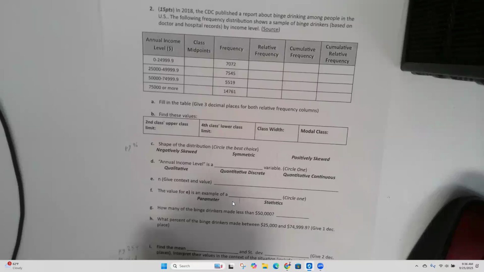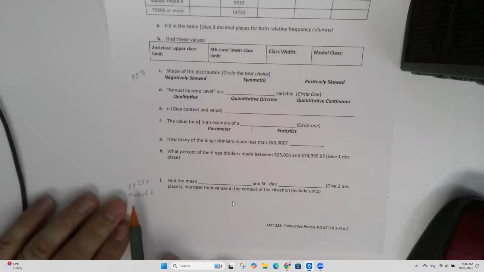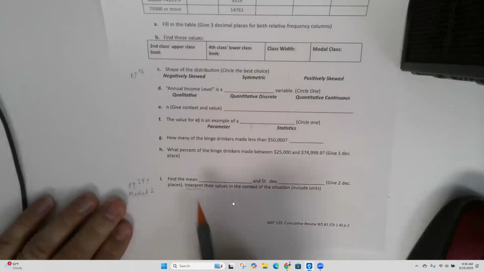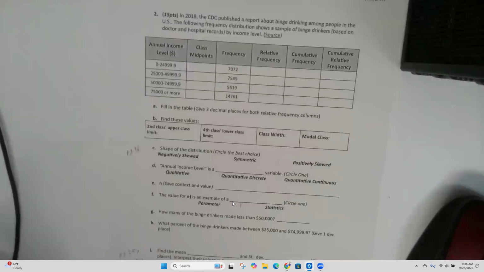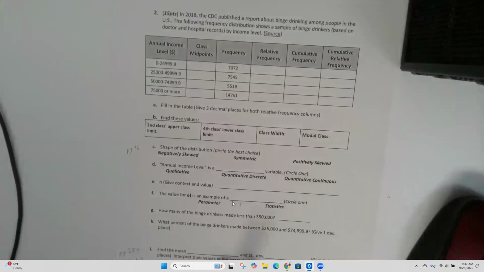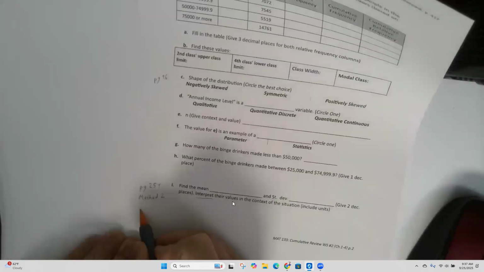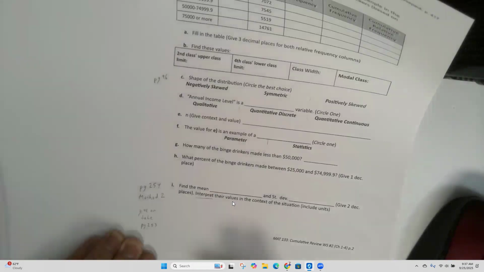So we want to be using method two. Page 254, method two, and then make sure you interpret, and that interpretation is going to be the give or take script. Give or take script on page 253.